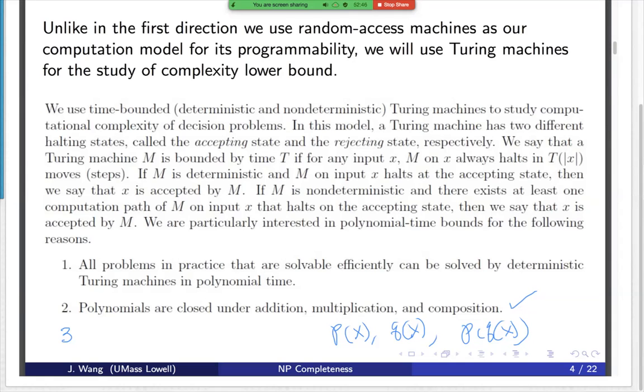That's sometimes called the extended Church-Turing thesis. Nevertheless, we just want to establish that using polynomial as time measure makes a lot of sense. So from now on, we are not going to argue with that point.